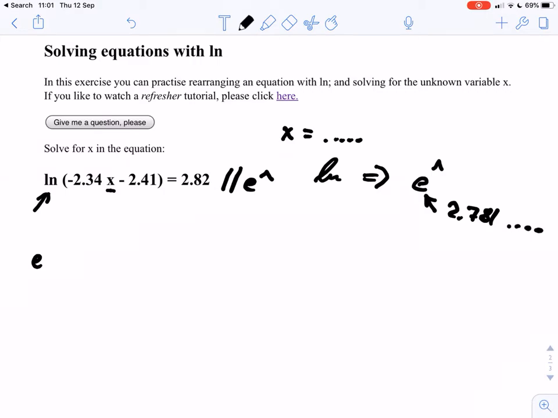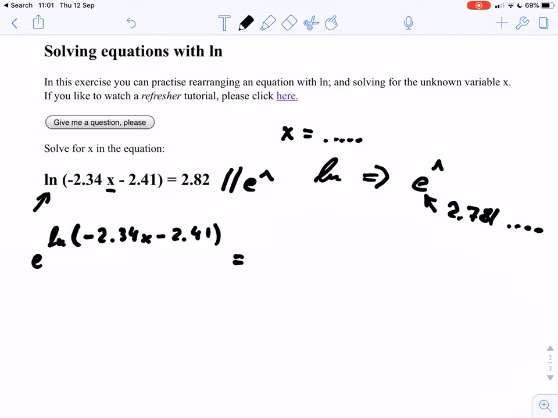It's one of these fundamental numbers in life. So e to the power of ln negative 2.34x minus 2.41. So we have done the left-hand side of the equation.